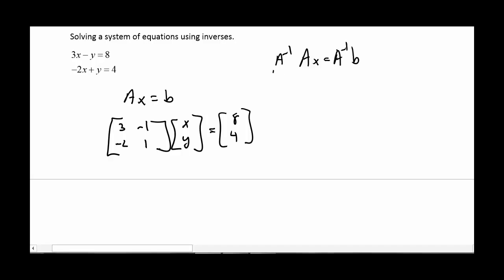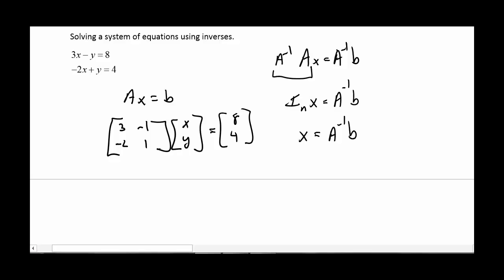If I multiply by the inverse, you've got to think back to some properties here. The inverse times the original matrix ends up being the identity matrix times the variable, and this set of numbers over here equals something. Well, the identity matrix is like multiplying by 1, so this piece simplifies down to just x, and we have whatever this product is.